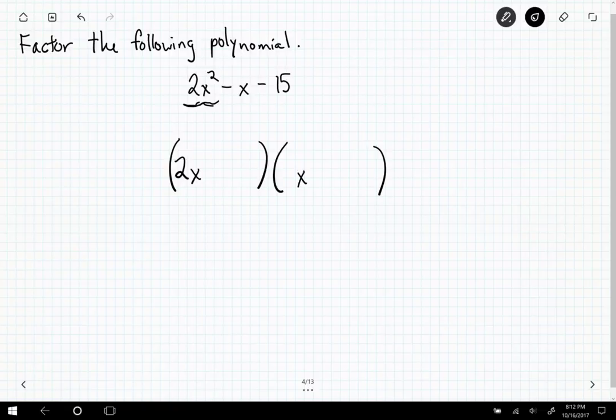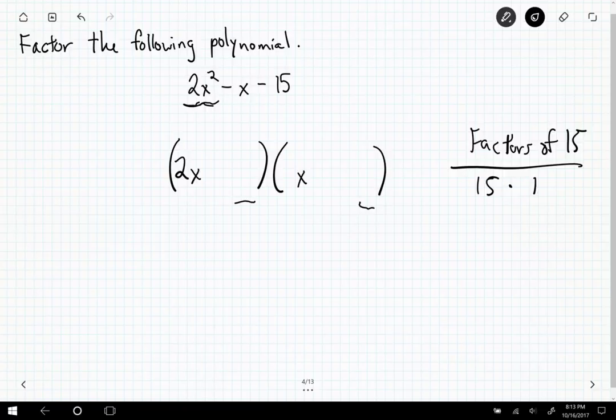So now the rest of it, what we have to do is try and break this down and find this missing piece. And we'll have to deal with pluses or minuses. And we need these two numbers to multiply to 15. And so what you might want to do is you can write out the factors of 15. And so you can have either 15 and 1, or 3 and 5, right?